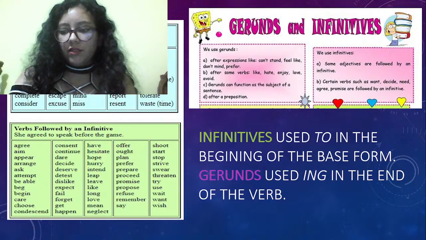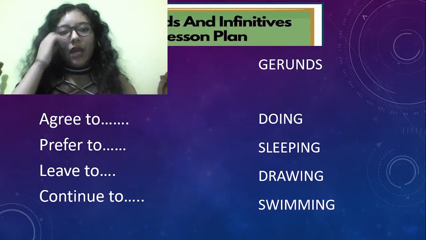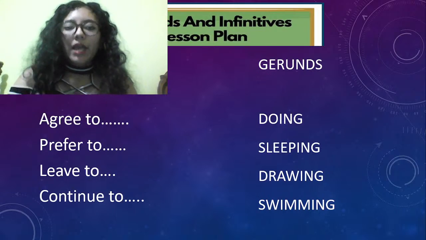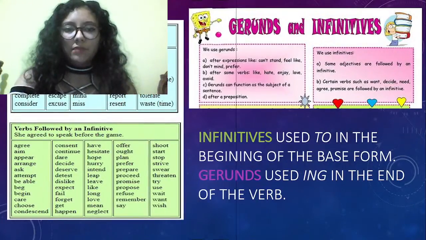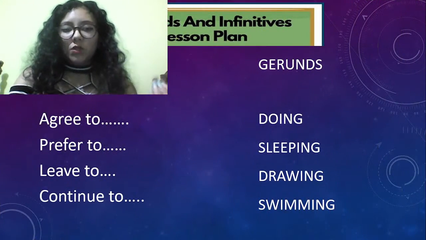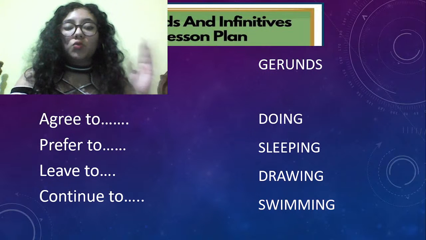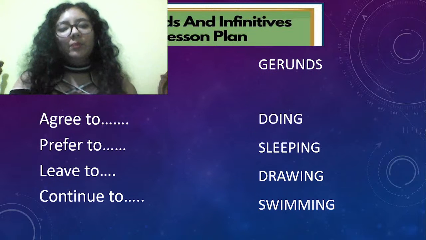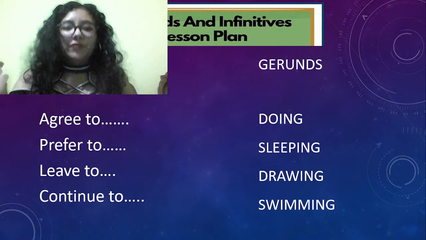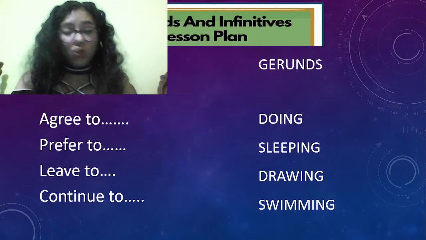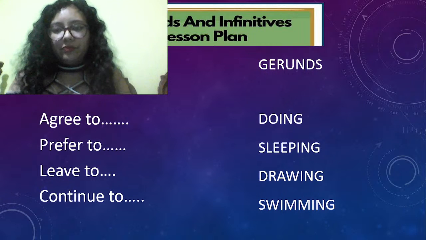Continue. Examples for gerunds and infinitives. Remember that always the verbs in this chart are used with to. All the infinitives use to. For example, agree to other verb, prefer to other verb, love to other verb, and continue to other verb.